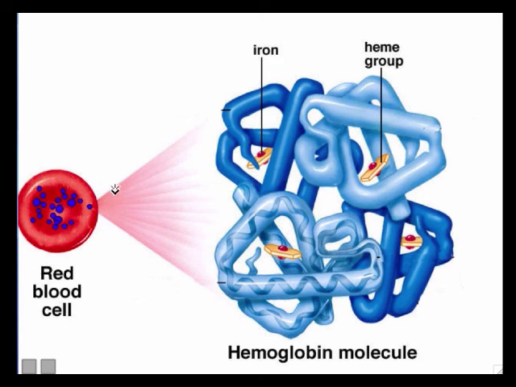Now, why does the iron hold the oxygen? Well, that's just a natural thing. There's a natural attraction between iron and oxygen. That's why things rust. If you put metal things that have iron in them just out in the environment, after, I don't know, a few months or so, they'll get all rusty.